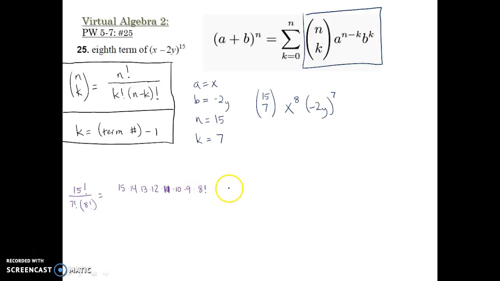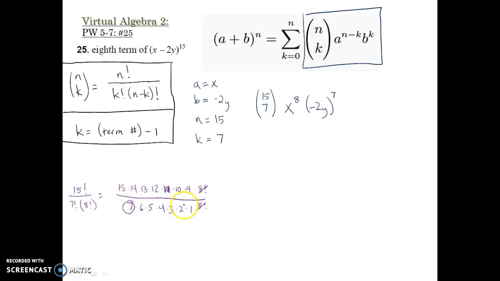Because 8 times 7 times 6 times 5 all the way down is 8 factorial. Now I don't have to write out this 8 factorial because they're just going to cancel each other out. And then the 7 factorial, 7 times 6 times 5 times 4 times 3 times 2 times 1, and I need to look for stuff that cancels out.